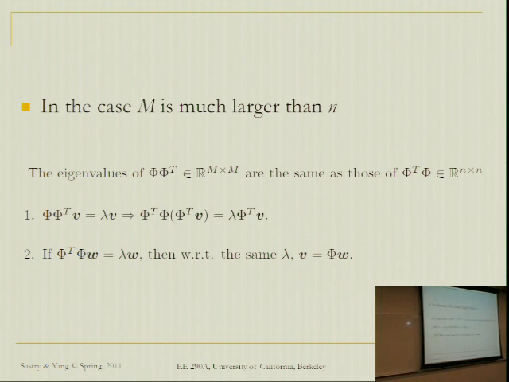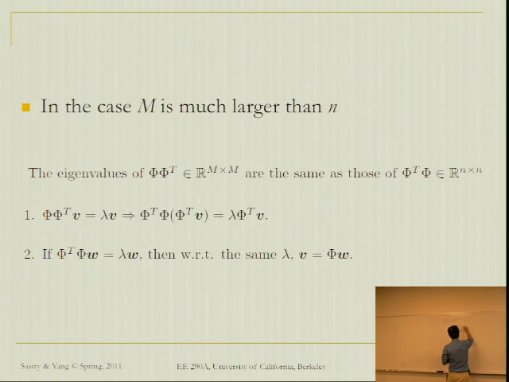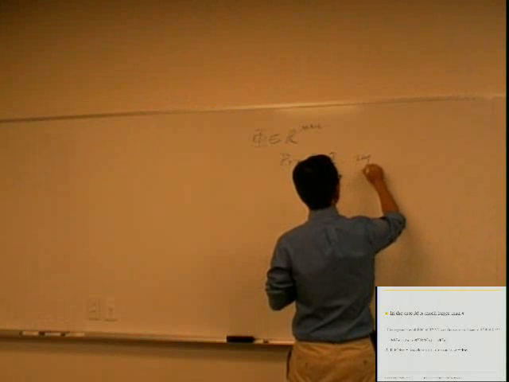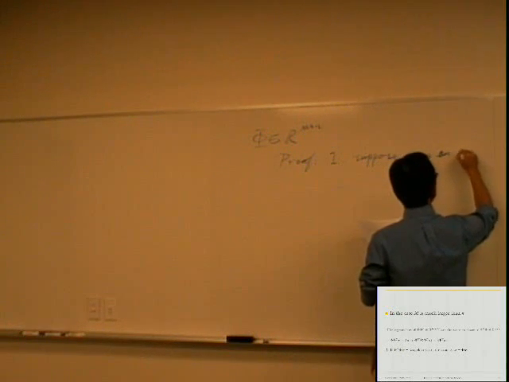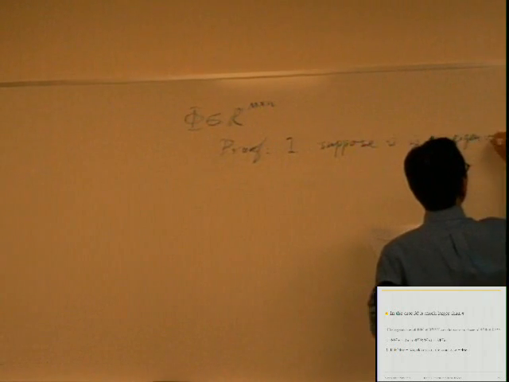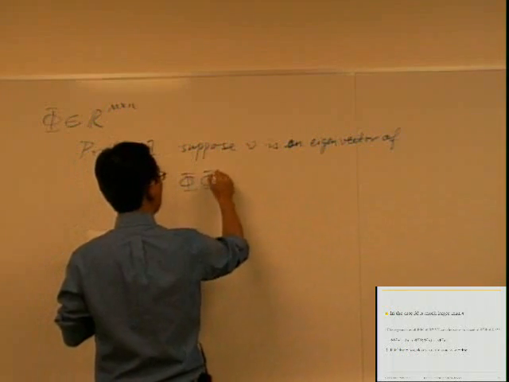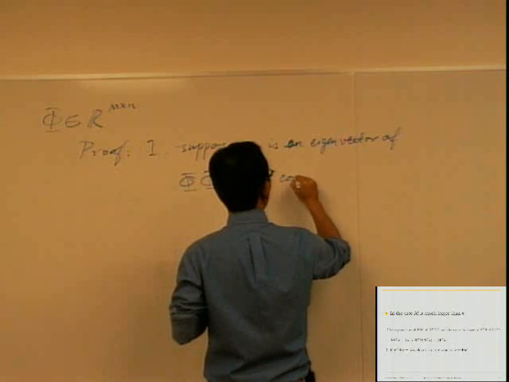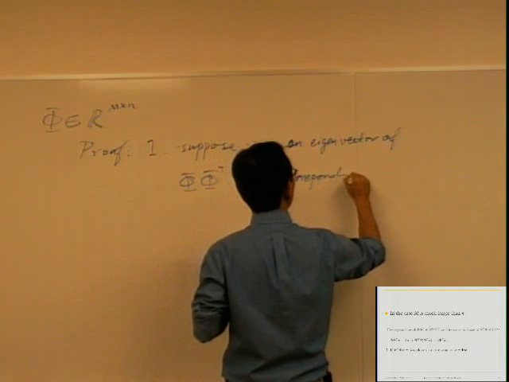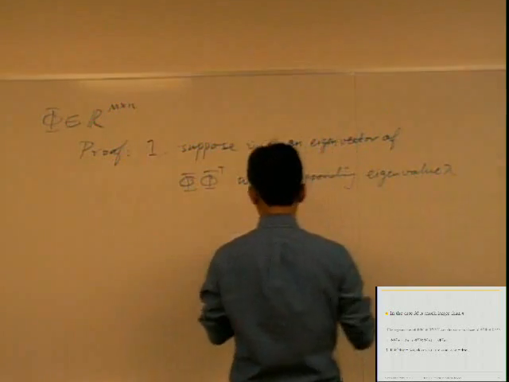So let's first prove the first one. First, let's suppose v is an eigenvector of phi phi transpose with corresponding eigenvalue lambda.